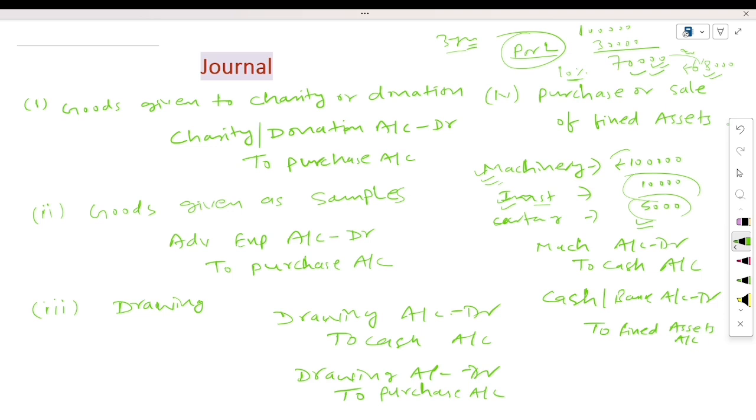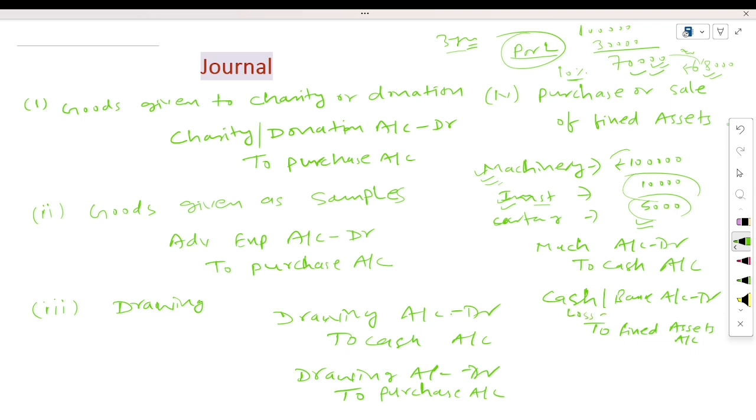So at the time of purchase or sale of any fixed asset, you will also have to calculate the profit or loss from that asset. So if you are getting a loss, just like expenses, as you know that expenses and losses are debit. So if a loss happens, it will be debit.